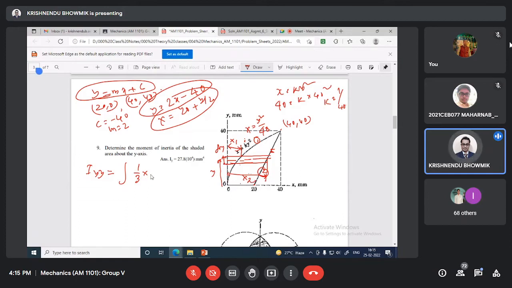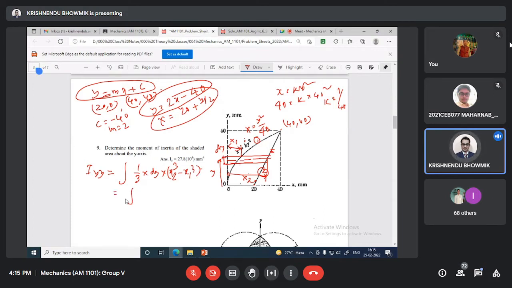So 1/3 multiplied by base dy multiplied by height cube, so x2 cube minus x1 cube.